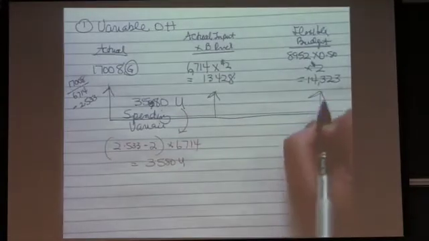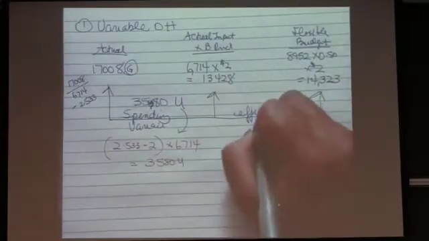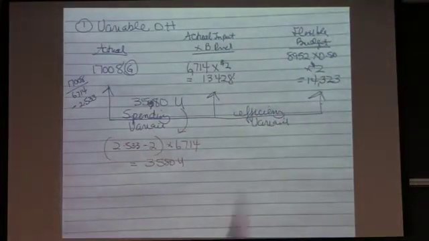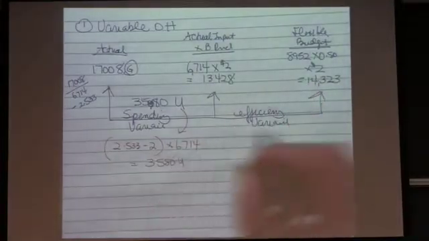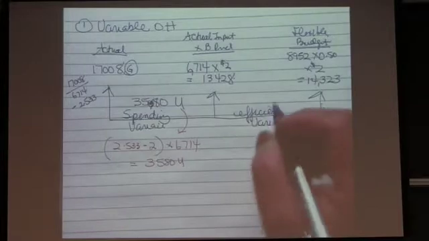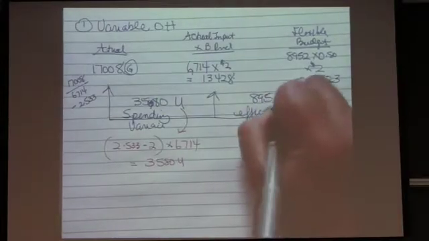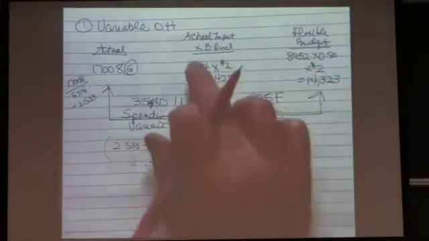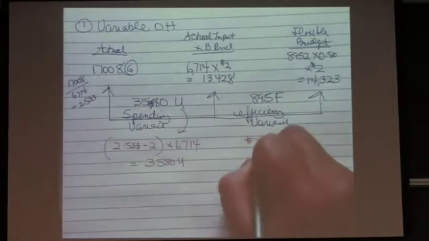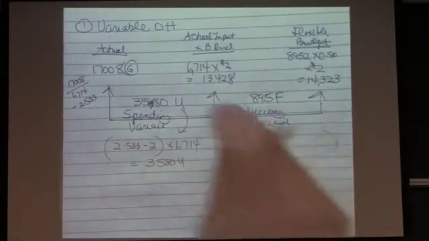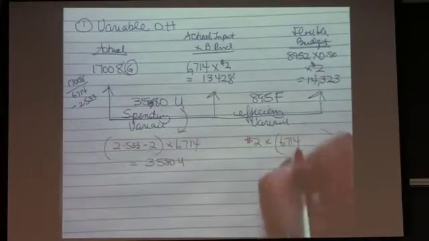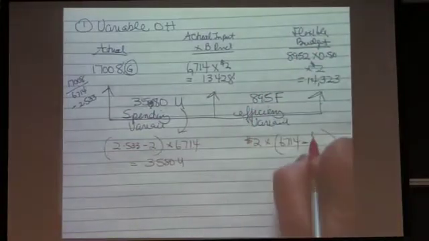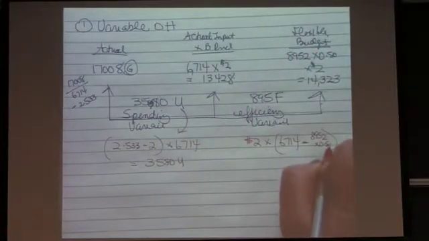Now, this is what we call the efficiency variance. How do we calculate that? Well, that's the difference between these two, and it looks like we've got an 895 favorable efficiency variance. Another way to calculate it: the $2 budgeted rate times the difference between the actual input, 6,714 delivery hours, minus 8,952 times 0.80.